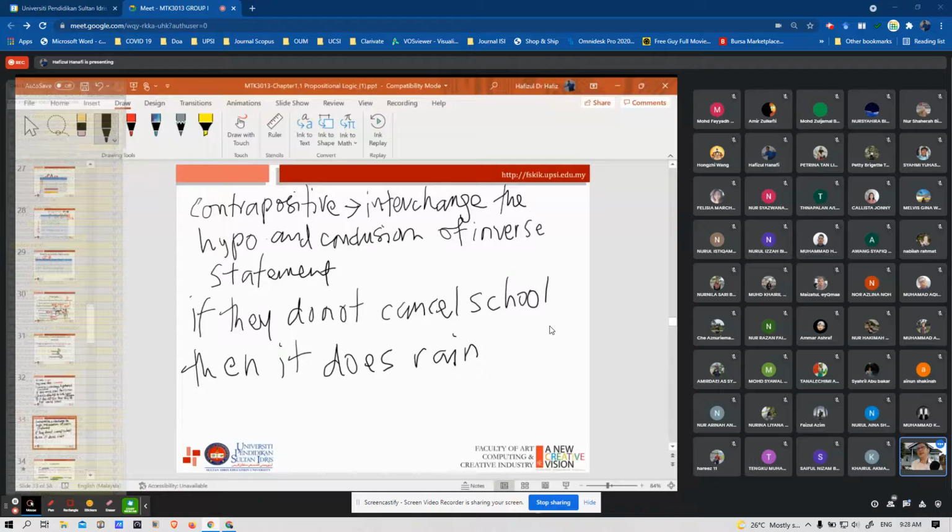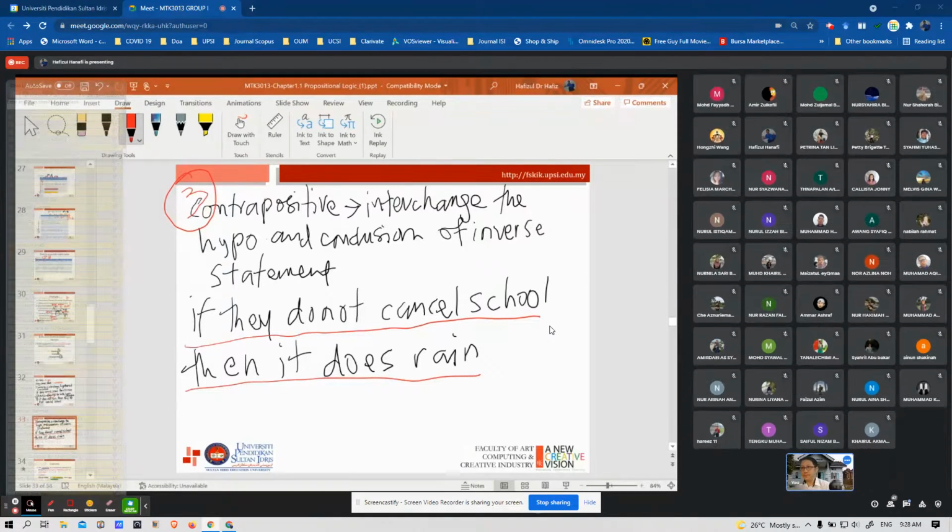Okay, you need to interchange from the inverse statement. For the third one, contrapositive: if they do not cancel school, then it does rain. We interchange the hypothesis and conclusion of the inverse statement.